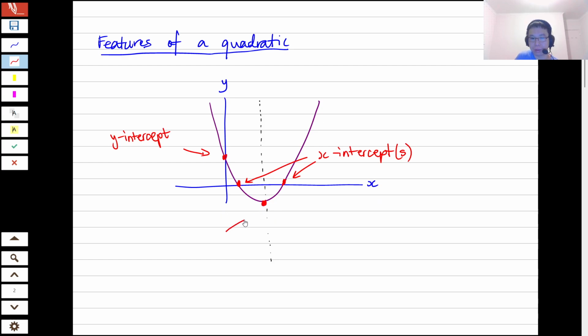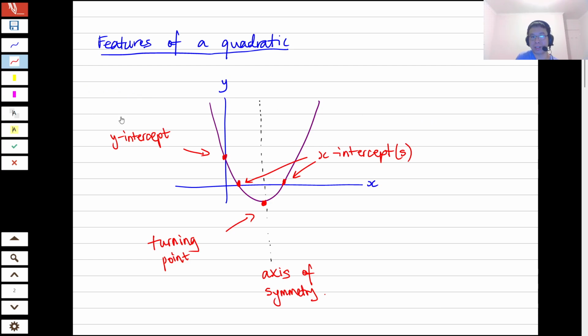We have the turning point, which is going to be a local minimum or a local maximum on the graph. And finally, we have the axis of symmetry. This is where the graph is a mirror image of itself about some vertical line.